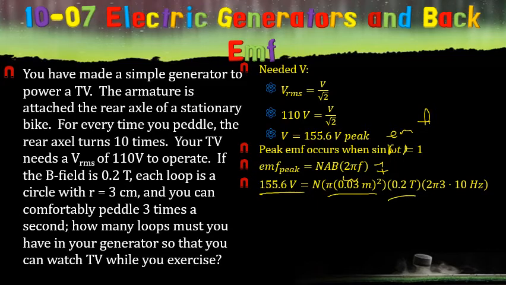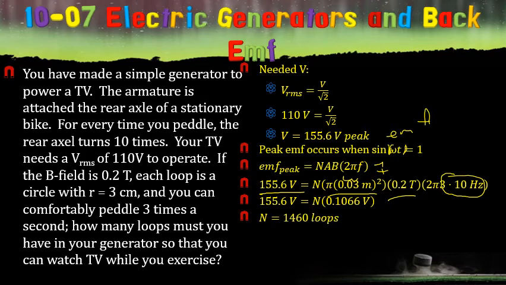And then we have 2 pi, and then this is our frequency, because we can pedal 3 times a second, and the axle turns 10 times for each time we pedal. So we'll have 30 rotations a second, so 30 hertz. There's our frequency. Multiply the stuff together and divide by the volts, and you get N to be 1,460 loops.